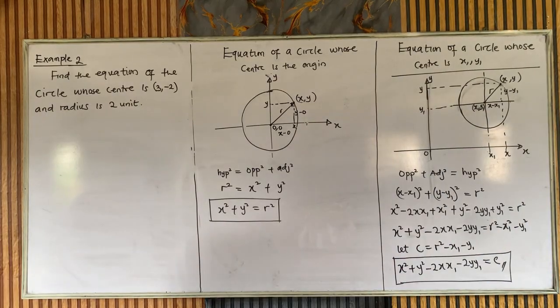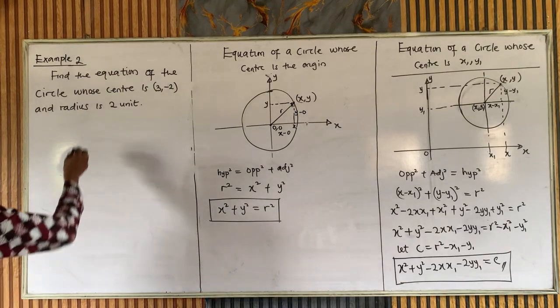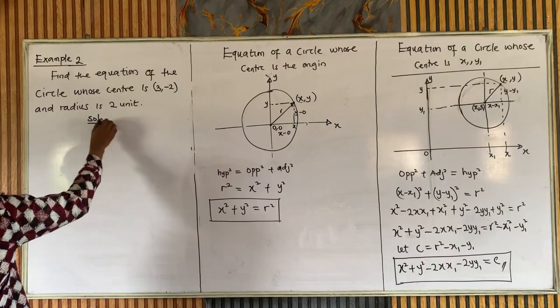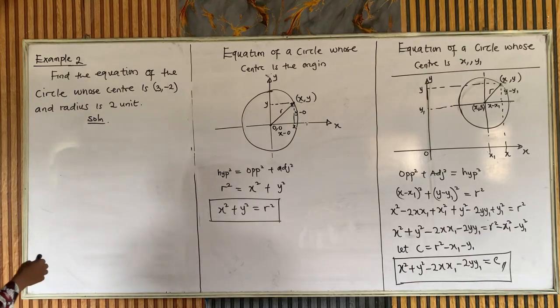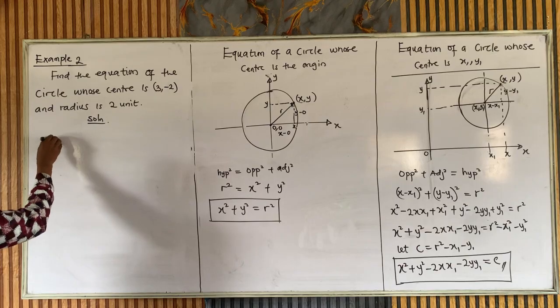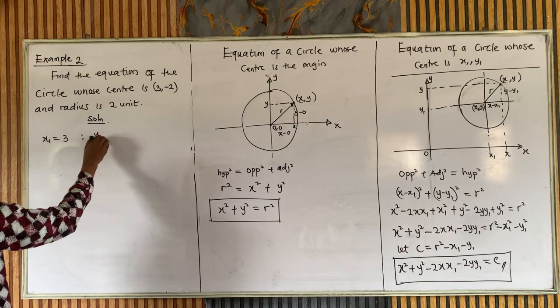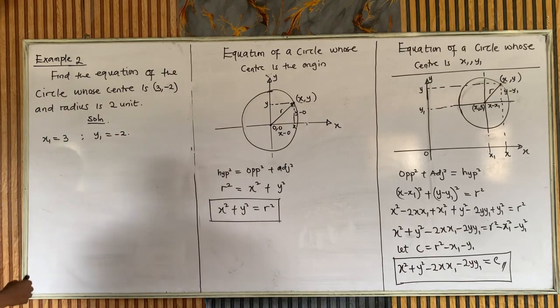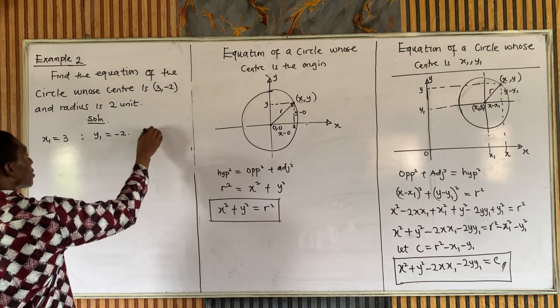Example 2. Find the equation of the circle whose center is 3, minus 2 and the radius is 2 units. Now to solve this question, we have our center 3, minus 2, that's your x1 as 3, and y1 as minus 2. And the radius is 2 units.